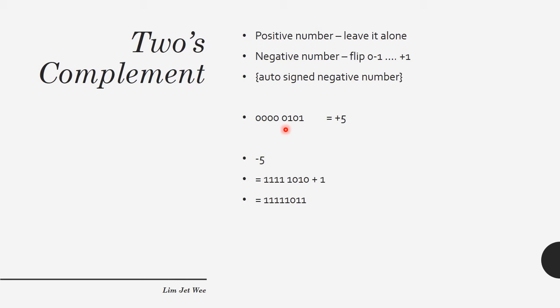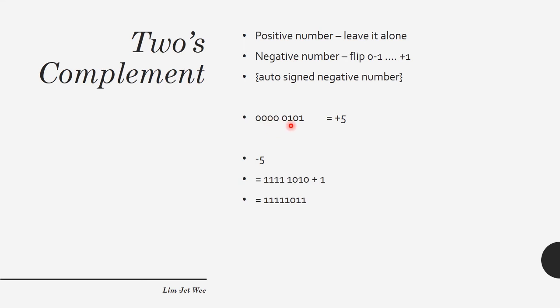Now, what happens if it is a negative 5? So what do I do? Well, I know that this is 5: 0, 0, 0, 0, 0, 1, 0, 1. For every 0, I change it to 1.